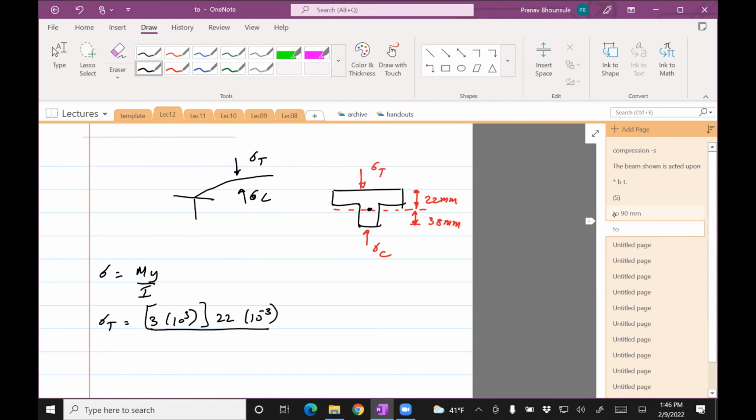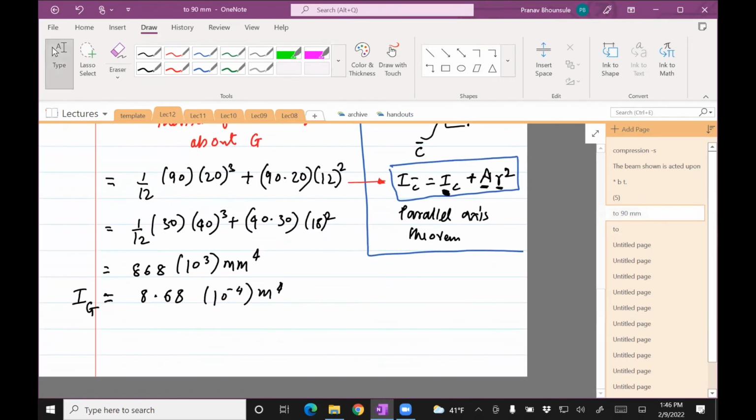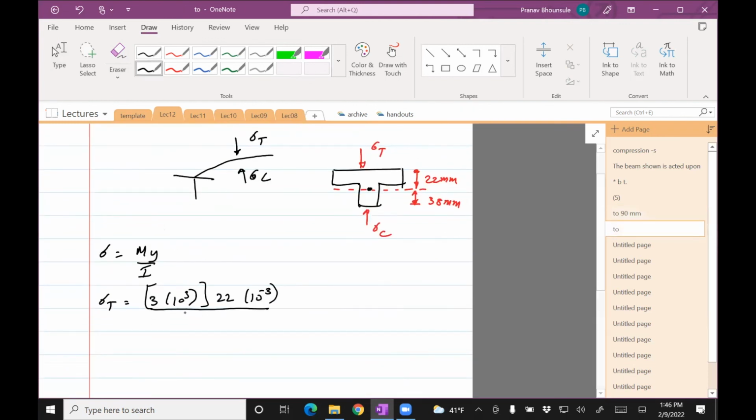Hold on. I incorrectly wrote this. This is 8.68. I'm missing the decimal place. Just correct this: 8.68 times 10 raised to negative 7. So plugging in the numbers, you get 76 MPa.